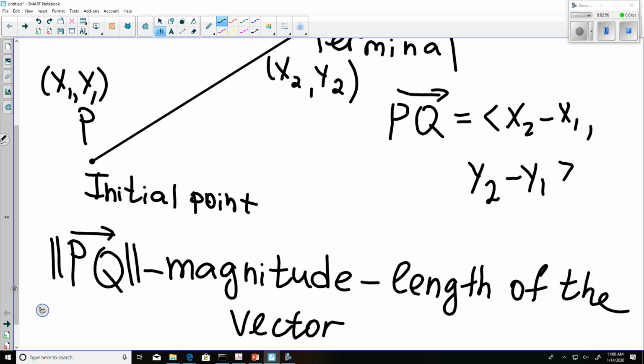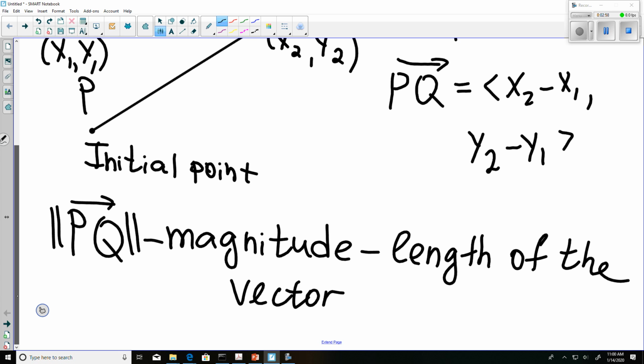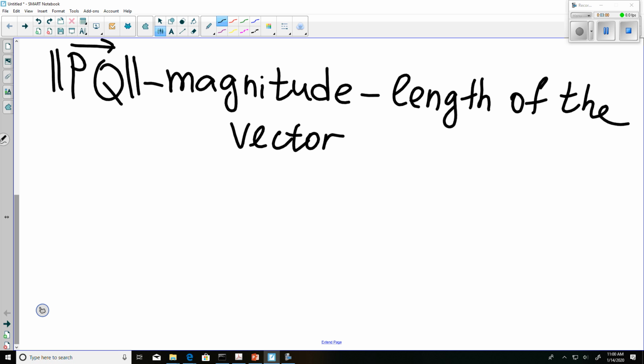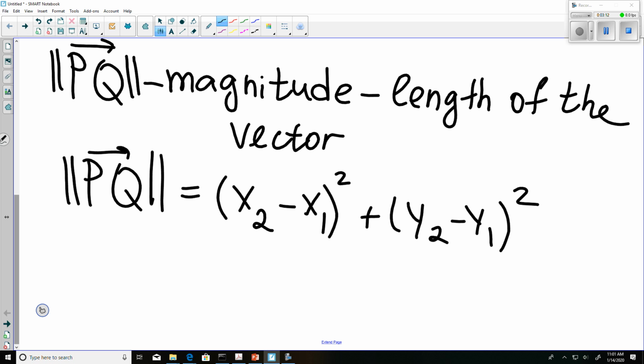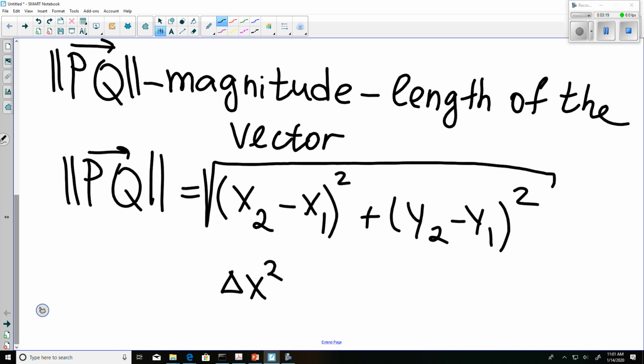Actually, the distance formula is the same as the Pythagorean theorem. So, with that said, the magnitude of PQ will be, that's the distance formula, x2 minus x1 squared plus y2 minus y1 squared, take the square root. Some people prefer to write it as the change of x, that's the Pythagorean theorem.